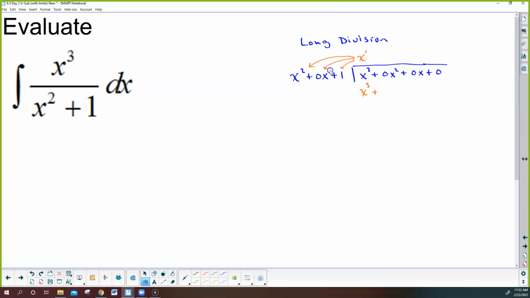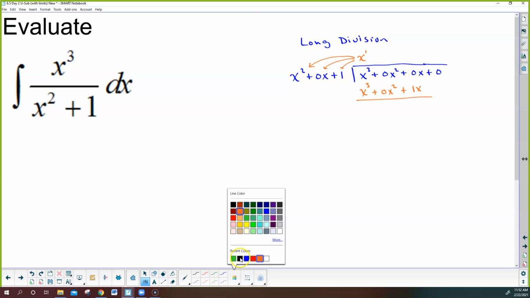The nice thing is this 0 is going to give me a 0x squared. And I do have a 1x here. Okay? And then we always add the opposite. So I just make these the opposite sign of whatever they are. And then we add them straight up and down.